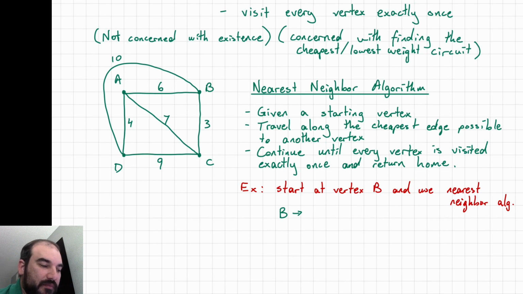We would write the next vertex that we would visit along this path. So if I'm starting at vertex B, what's the cheapest edge I can travel along from vertex B?